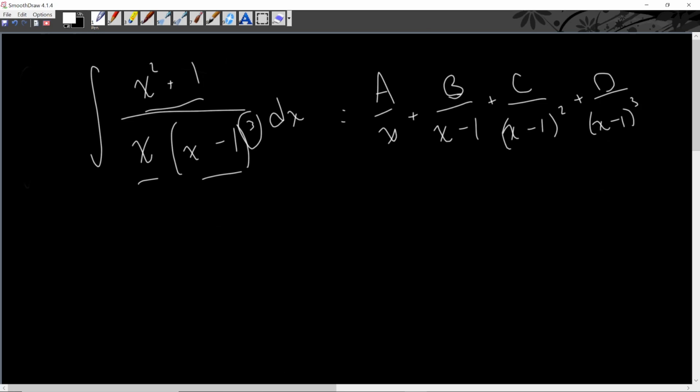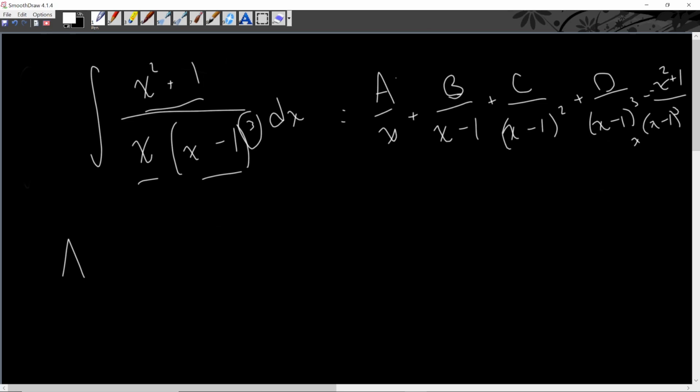And all of this is going to be equal to x squared plus 1 over x minus 1 cubed times x. And then from here, we need to multiply all of these to get this.